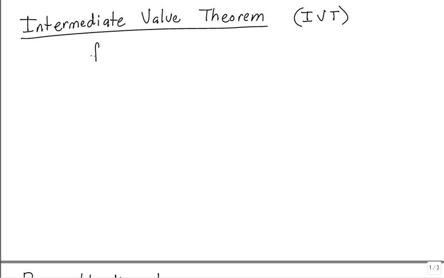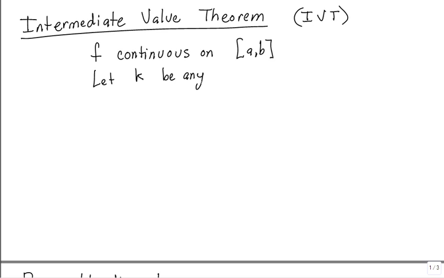And the conditions are that f has to be continuous on a closed interval. Then let k be any number between the y values f of a and f of b, where they're not equal.